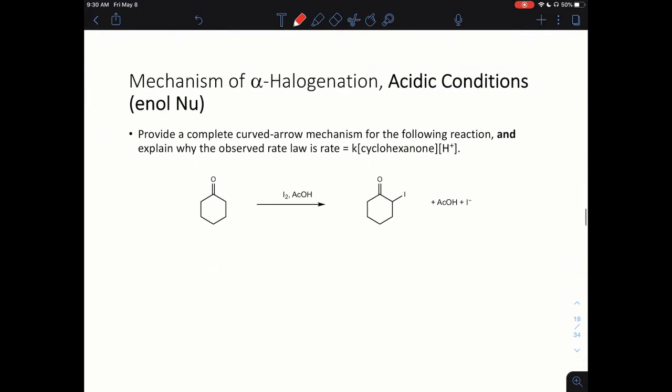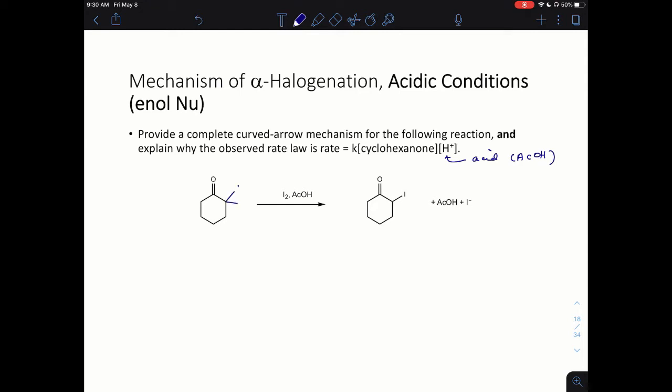Okay, let's get to it. So we're going to propose a complete curved arrow mechanism for this reaction, which is called an alpha halogenation. And we're going to explain why the observed rate law is this, where the acid source is acetic acid. I need to point out a few things to you.